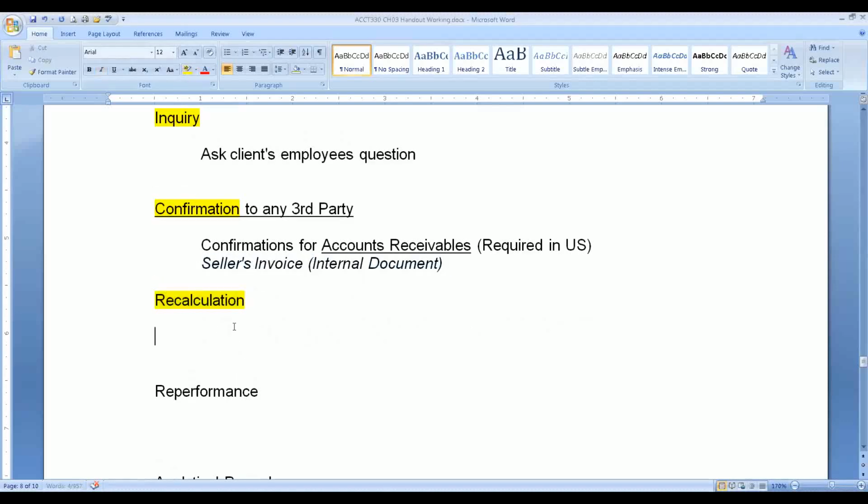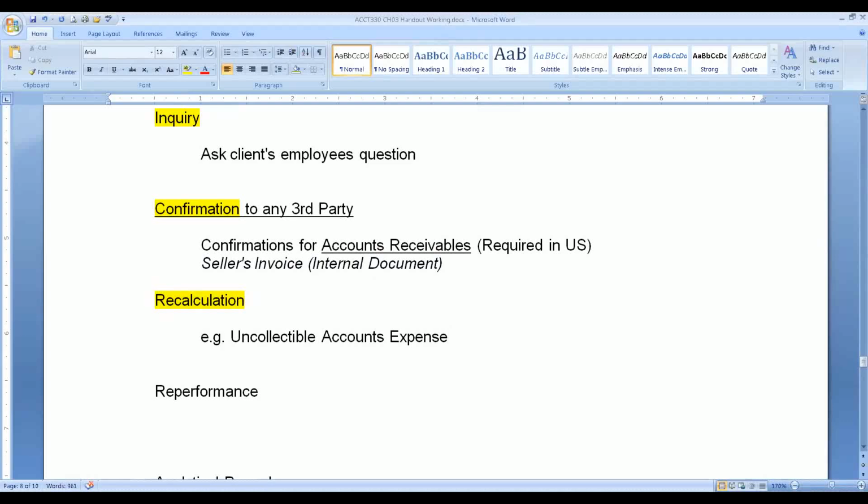Recalculation. This would be, for example, you might recalculate how they come up with their uncollectible accounts expense. How do they come up with it?